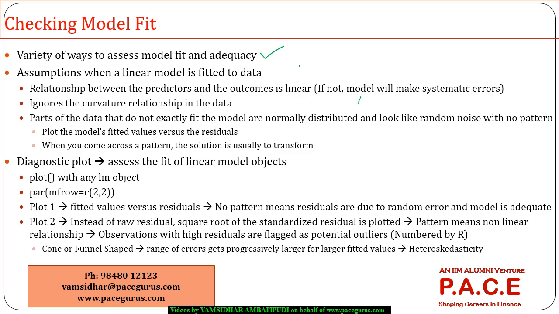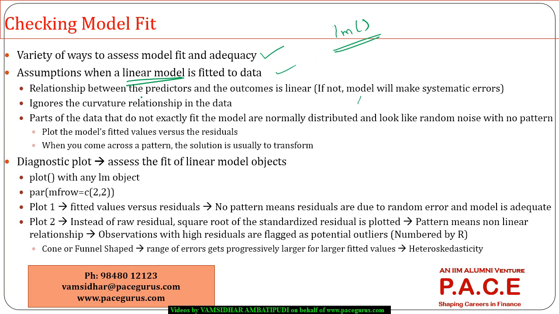Is this model appropriate for the data? From that perspective, we need to understand some assumptions when we fit a linear model to any data. There are a few assumptions that are made when we use this lm function to fit a linear model to the data.